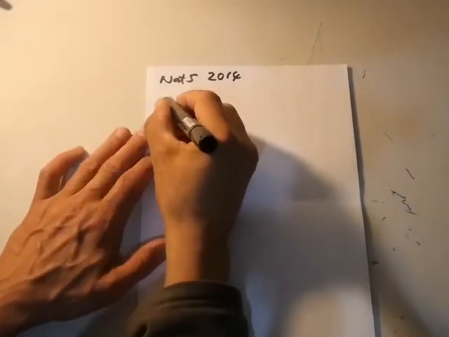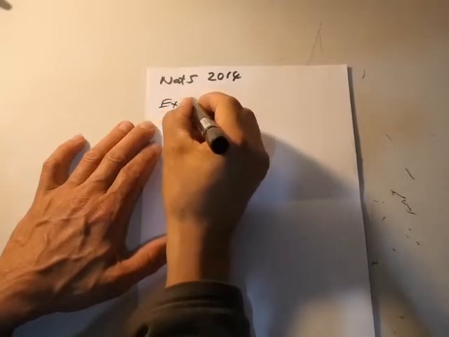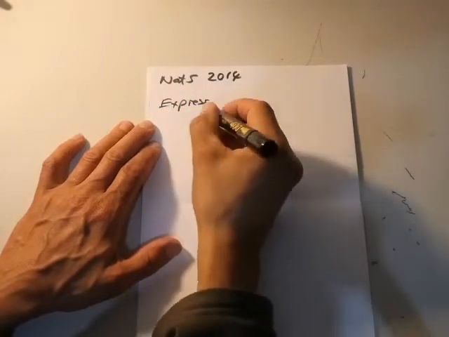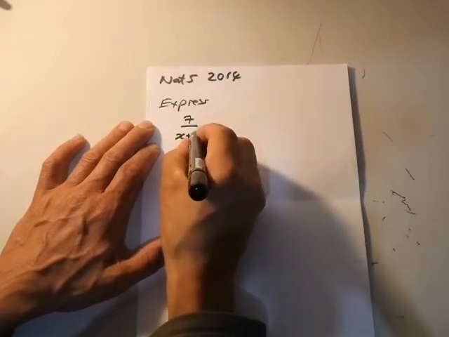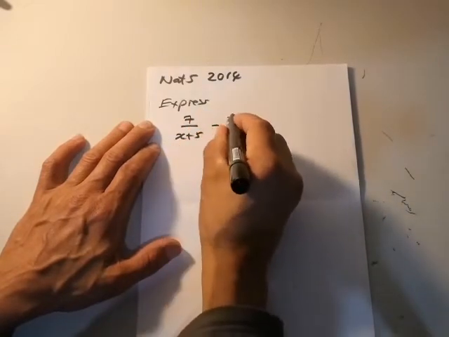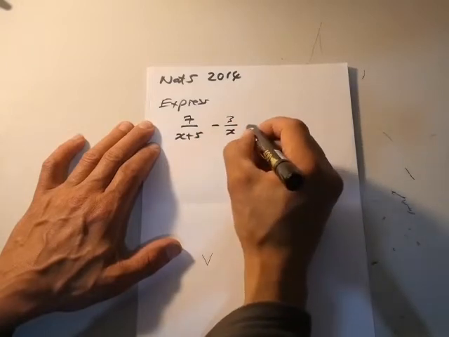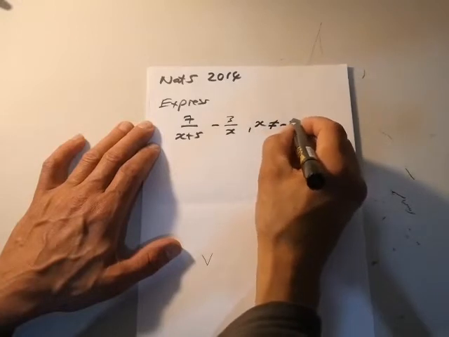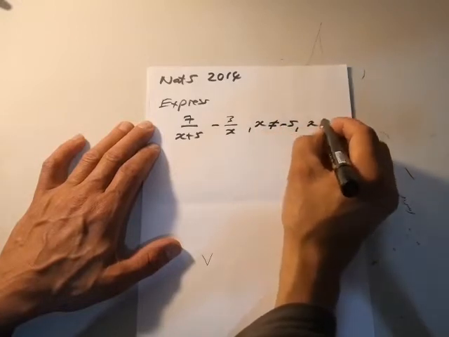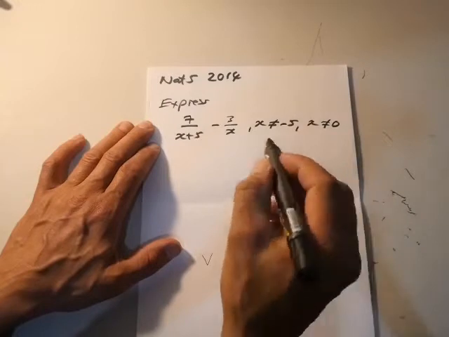So, express 7 divided by x plus 5 minus 3 over x, when x is not equal to minus 5 and x is not equal to 0, okay?